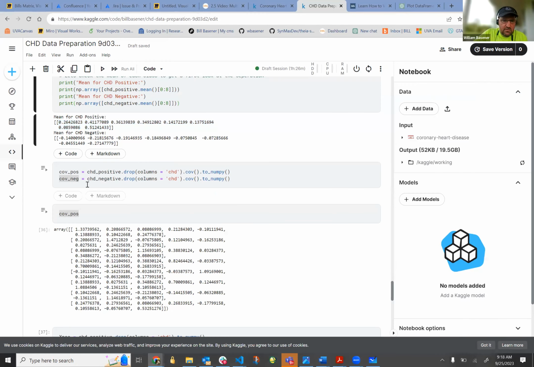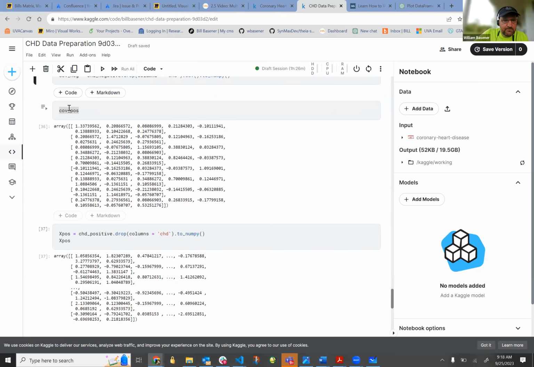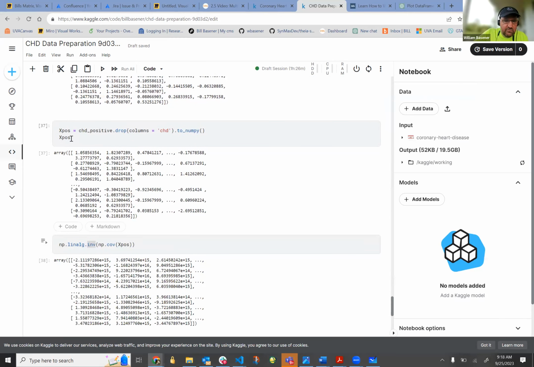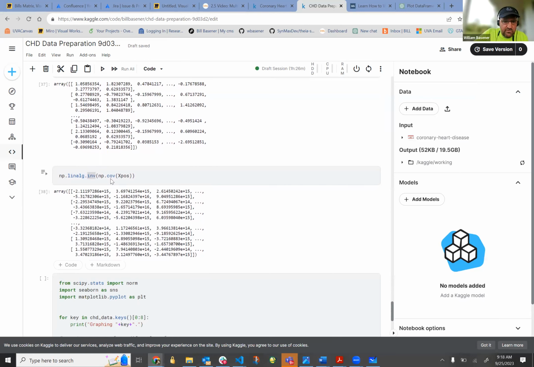And then these are our covariance matrices. Everything there is written in terms of the inverse of the covariance, which we compute down here. So maybe I should call this tau. It's the inverse of the covariance matrix.